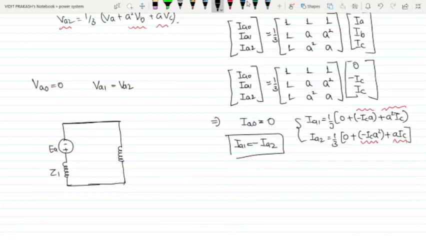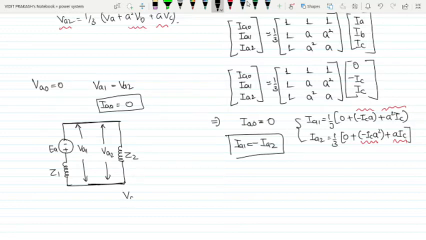There will be no EMF in the negative sequence impedance, and the voltage across these two will be the same. This is VA1, this is VA2. And IA0 is 0, so we are not going to include any zero sequence component here.